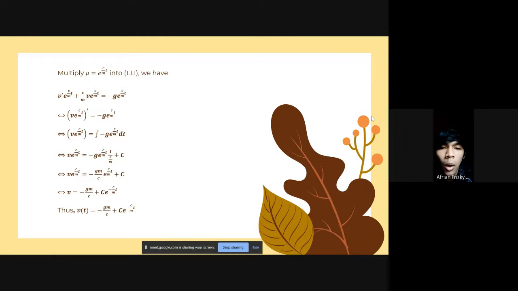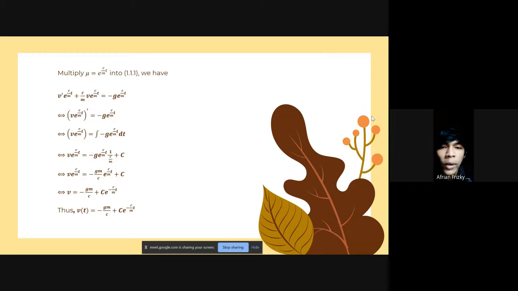So v times exponential of c over m t is equal to minus gm over c times exponential of c over m t plus constant.